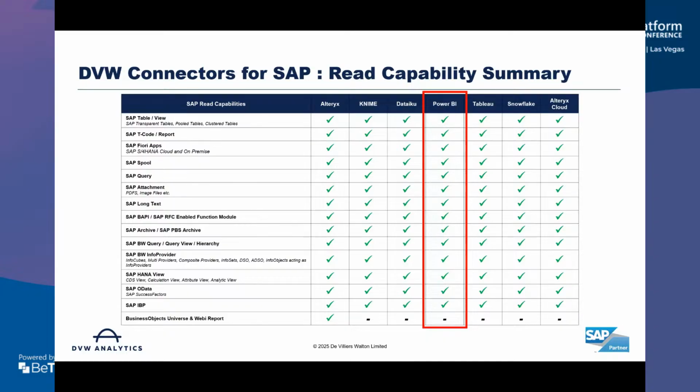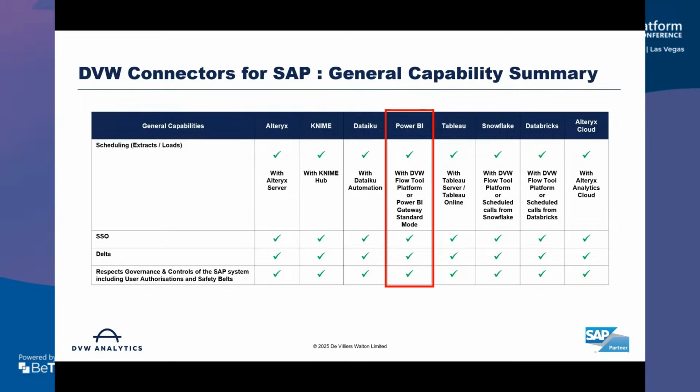So whether it be query views, hierarchies, cubes, multi-providers, even the info objects, the master data, we can connect to there. So lots of possibilities. And then in the slightly more modern world, HANA views, OData, and even IBP, Integrated Business Planning. So all of that we can connect into. So pretty much any use case you can think of, we can cover off in terms of reading from SAP.